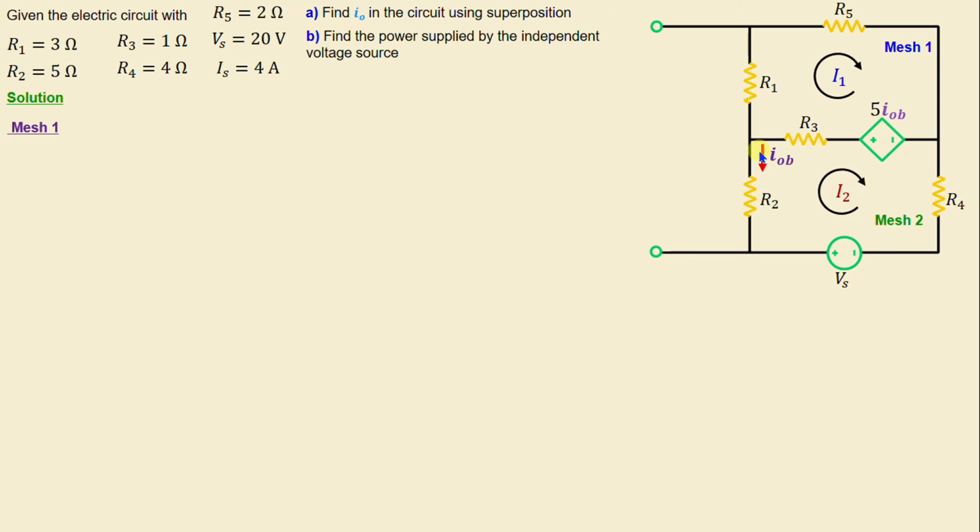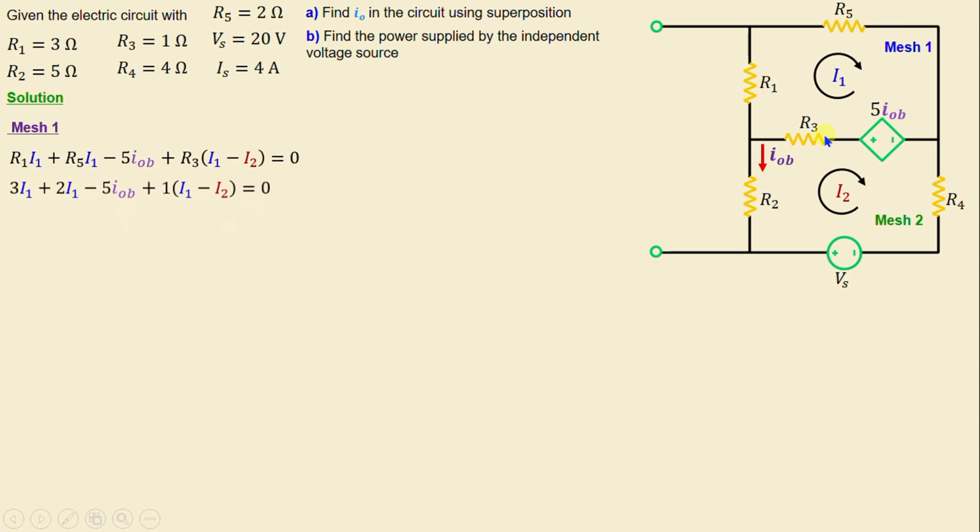Let's start first with mesh 1. By applying Kirchhoff's voltage law in mesh 1, we can write R1 I1 plus R5 I1 minus 5 IOB plus R3 (I1 minus I2) is equal to 0.